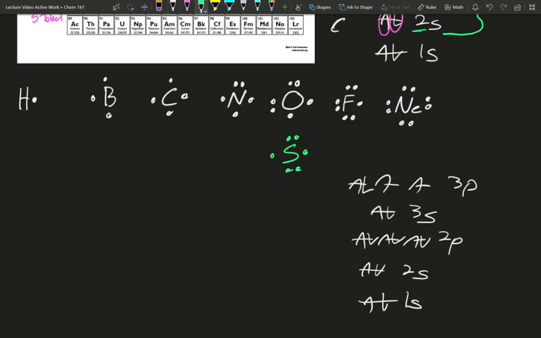What we'd see for sulfur is its valence is the 3s and 3p, and it has 6 valence electrons. So those columns, because they correspond to your configuration, will let us very quickly identify the valence electrons on each element.